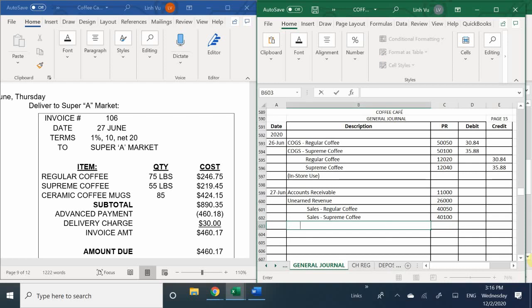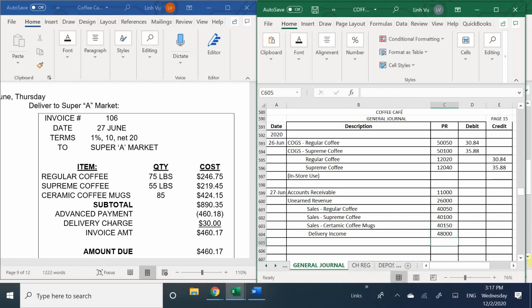So, where's that one? That is 40150. And the delivery income as well. Yes, delivery income. Here's the last thing on there, and that account number is 48,000.